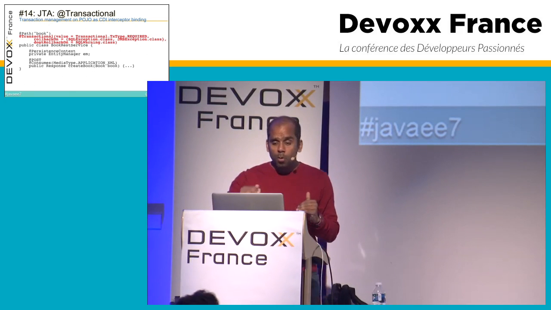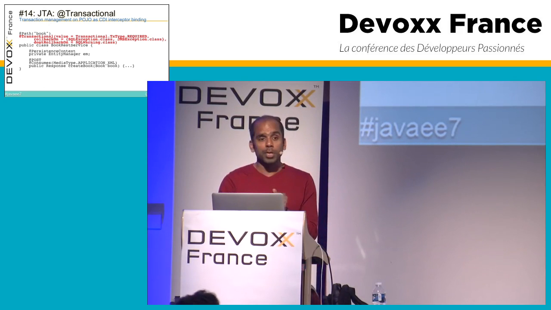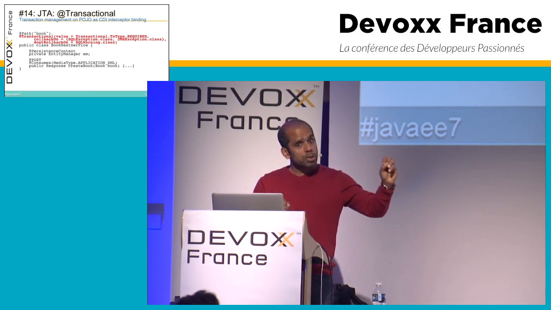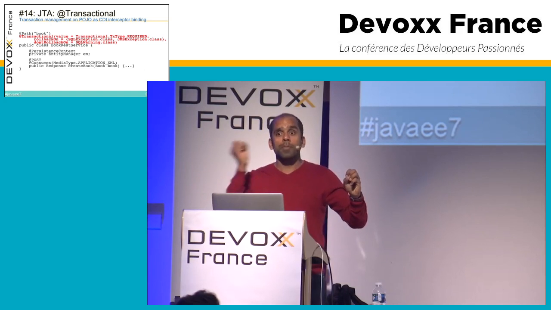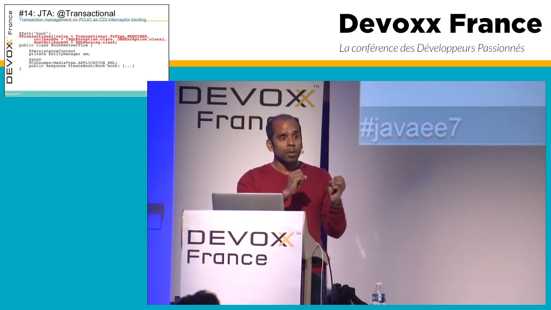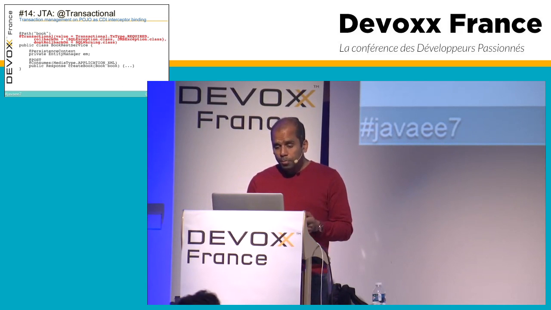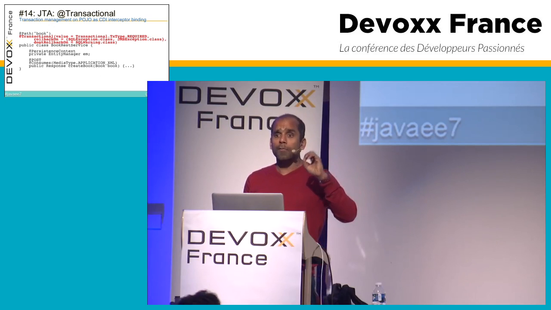But now with the transactional annotation that is newly added to JTA 1.2, you can take any POJO, put this @Transactional annotation on the POJO, and the container automatically manages the transaction for you. It is done using CDI interceptor binding, so that's a very powerful concept. Not just a class, you can even specify it on a method of a class as well.